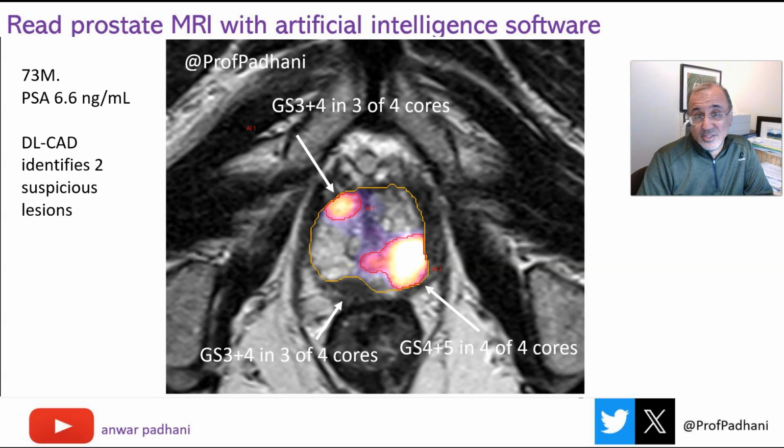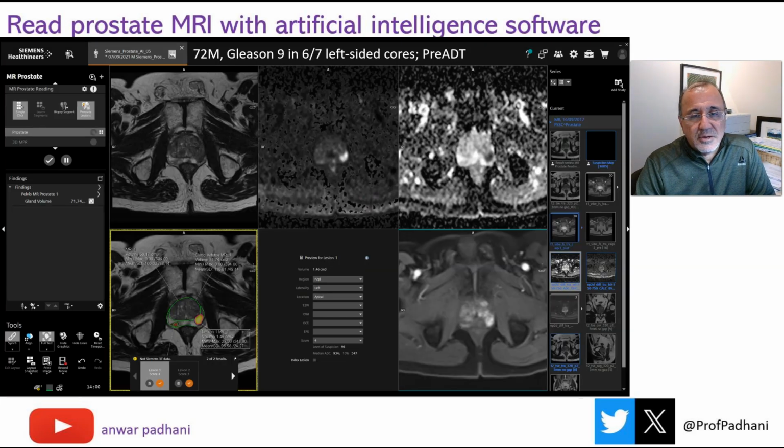It only identifies 2 of the possible 3 lesions in the prostate gland.